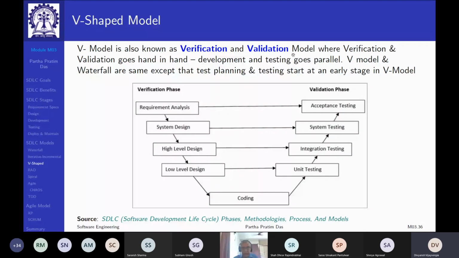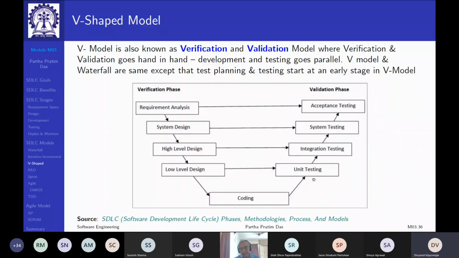So if you look at this carefully, if you look down the verification phase, you will see that the first few stages are in the verification phase, which means that this is when you are defining what the project will do. You are acquiring the requirements, you are analyzing them, you are doing a system level design, then coming down to high level design, low level design, and so on.